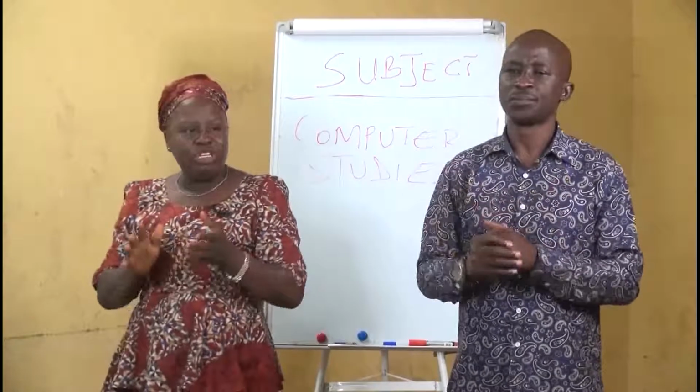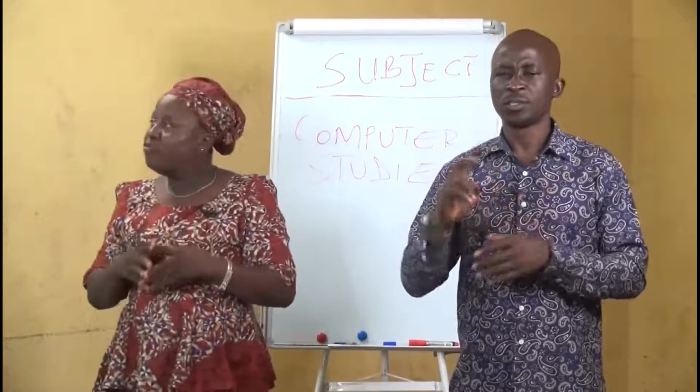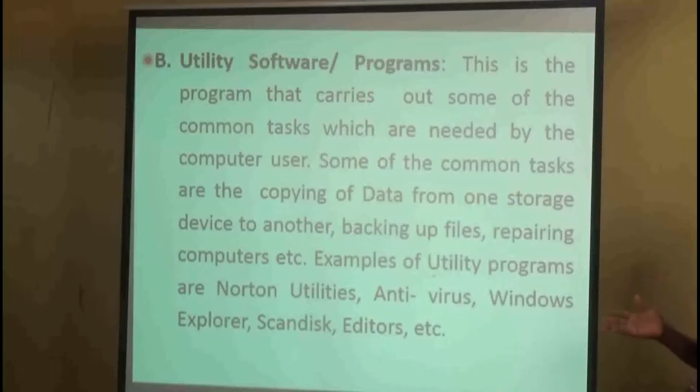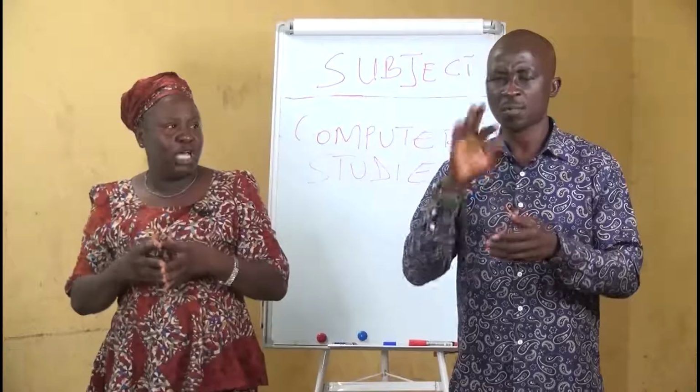Now, the second type of system software that we have is utility software or program. This is a program that carries out some of the common tasks which are needed by the computer user.